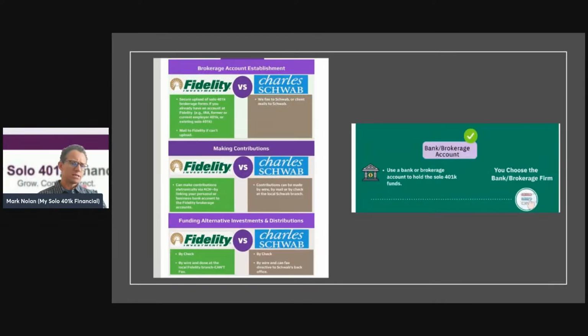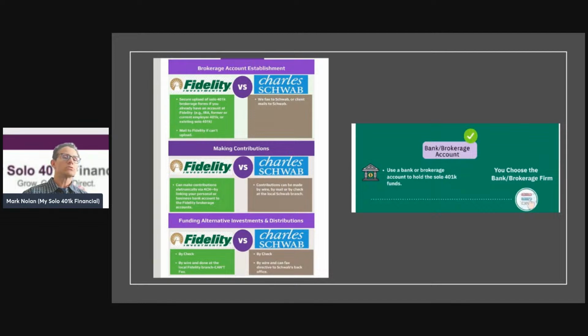This is a good slide because with the self-directed 401k offered by My Solo 401k Financial, you can utilize your local bank to hold the self-directed 401k funds, or you can use a brokerage firm such as Fidelity or Schwab. We have a great post on our website that compares Fidelity versus Schwab, so this slide gives you some information on that front. But you get to choose where to hold your self-directed 401k funds.